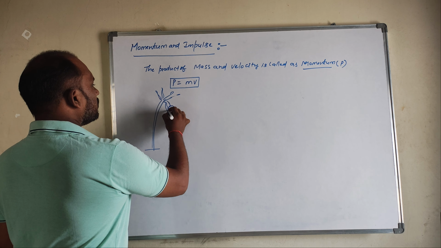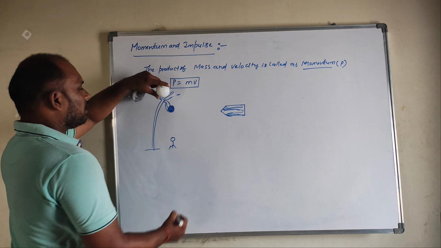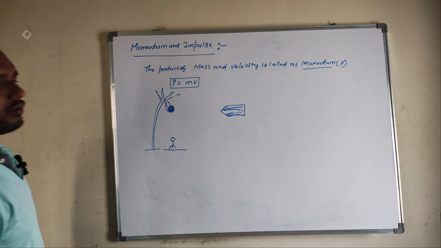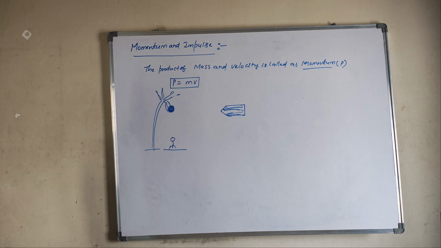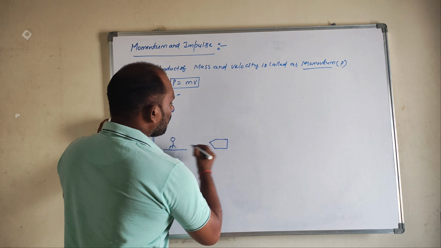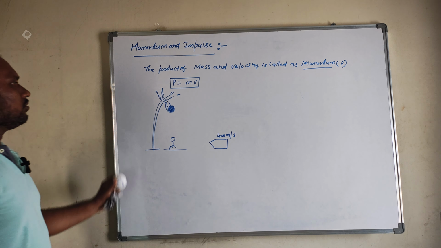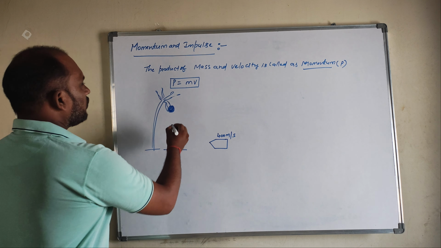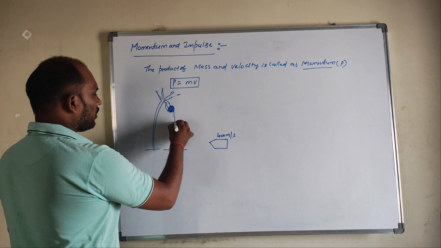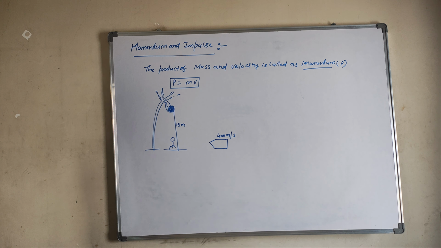Suppose one gentleman is sitting on the floor here, and the same bullet comes here, I am triggering the same bullet. Let us assume 400 meters per second. The height of the coconut from the ground, let us assume, is 15 meters.